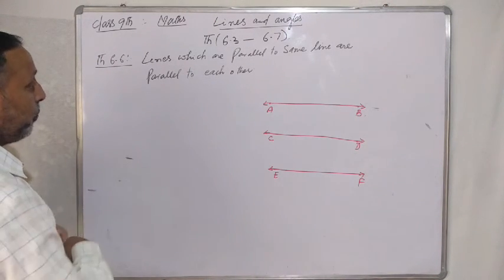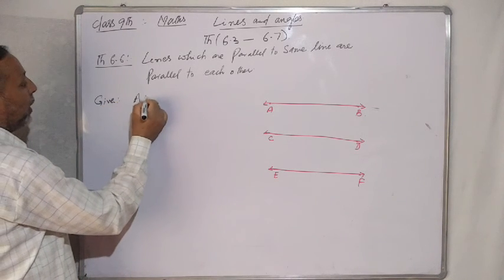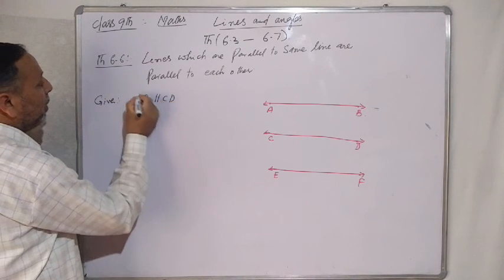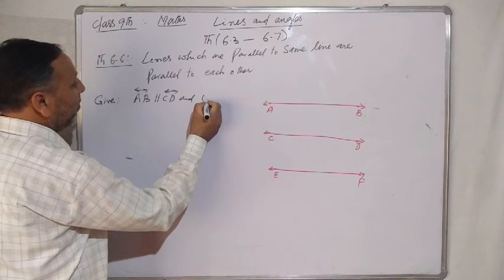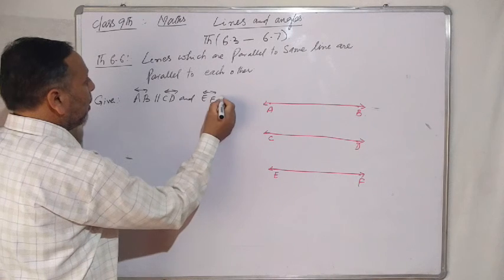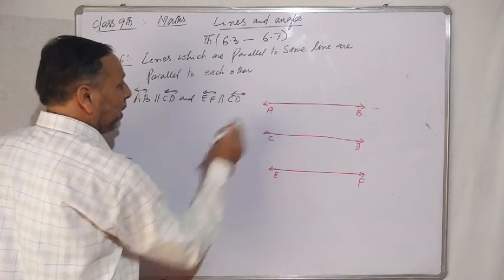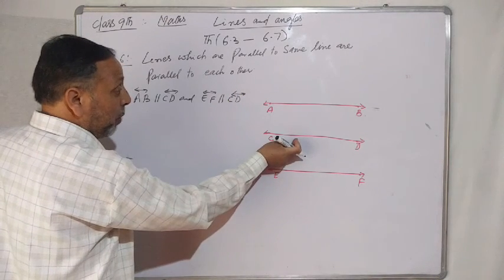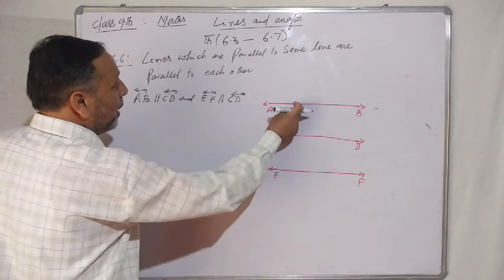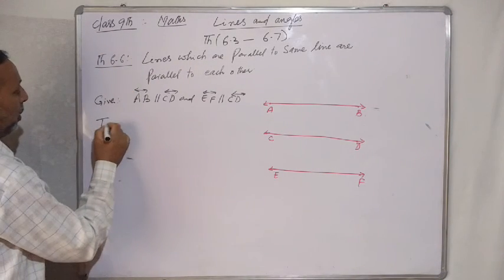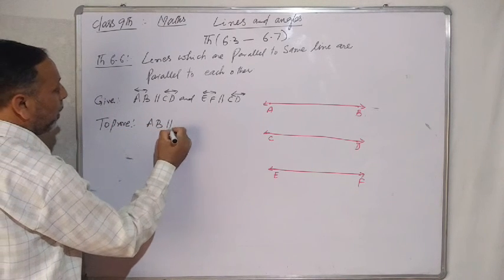It is given that line AB is parallel to line CD, and line EF is also parallel to line CD. Two lines are parallel to the same line. Prove that the lines are parallel to each other. Then prove that AB is parallel to EF.